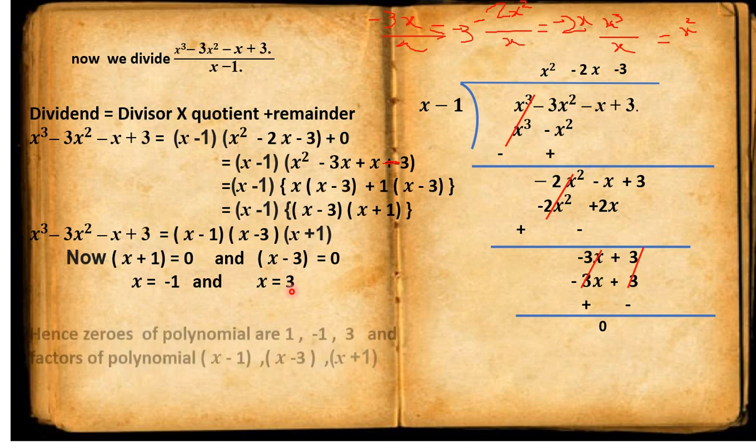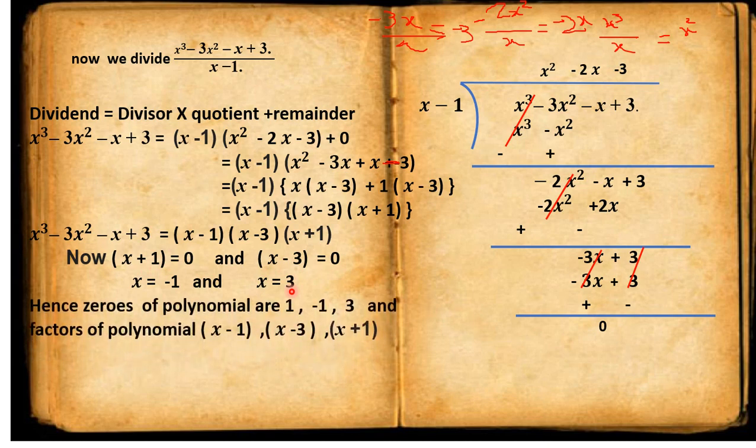Now we have the zeros of this cubic polynomial. One is 1, as it was proved earlier that by putting the value 1 in place of x we get the polynomial as 0. And the two new zeros are minus 1 and 3.